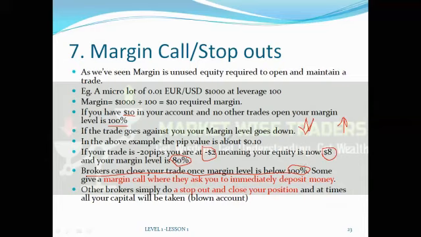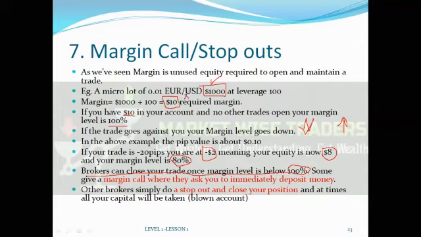Because remember, what the broker basically said to you is, okay, Mr. Trader, you want to trade 1,000 units of this currency, but at leverage of 100, you only have $10. We will allow you to place $10 up front in order to control 1,000. But if you do not have $10, what happens?